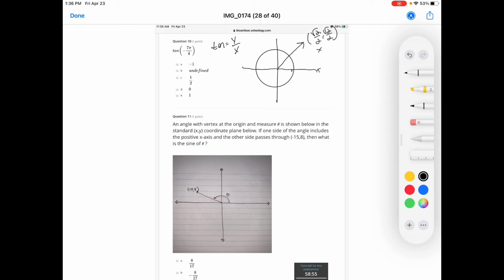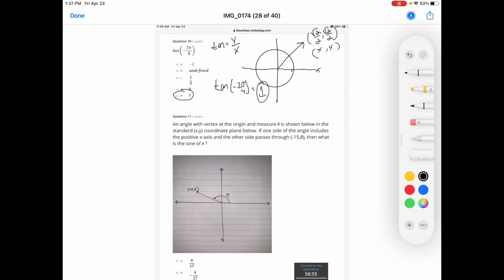So that's your x, that's your y. We're doing y divided by x, and it's the same thing. Root 2 over 2 divided by root 2 over 2 is just going to give you a positive 1. So tangent of negative 7 pi over 4 equals positive 1.